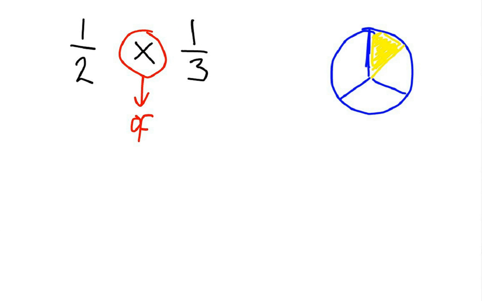Okay, so the way we do that, coming back to our question, 1/2 of a third, 1/2 times a third, when we multiply fractions together, let's do that in black. So I've got 1/2, and I am multiplying that by 1/3.